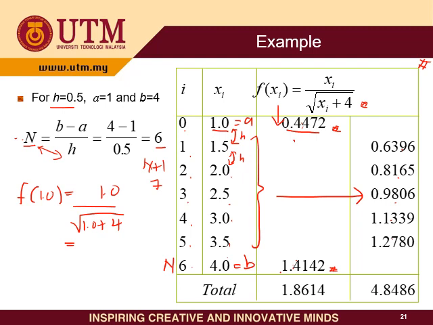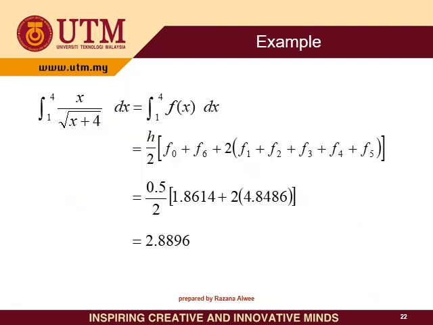This is the total for number 0 and 6, and this is the total of 1 to 5. Okay, make the total of both columns. After you finish with the table, you need to calculate the results, the approximation.